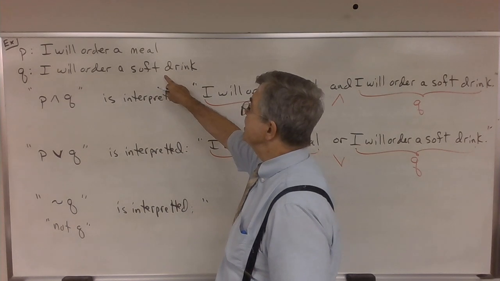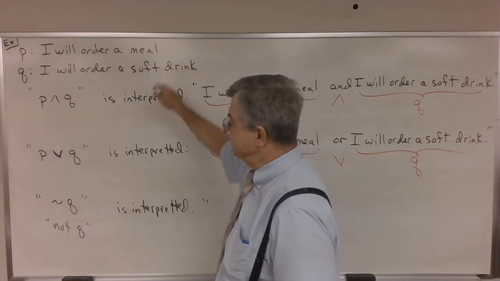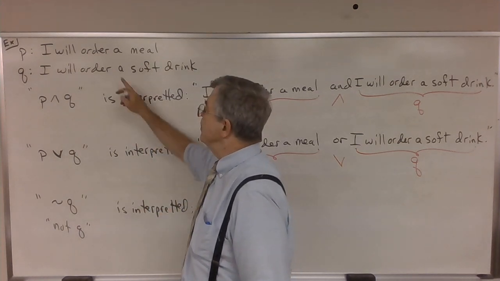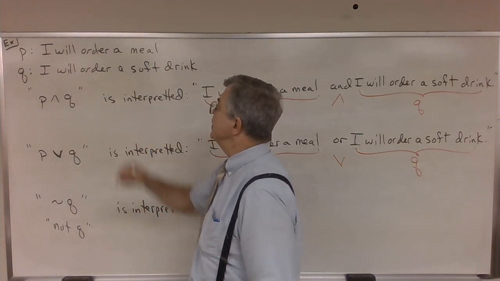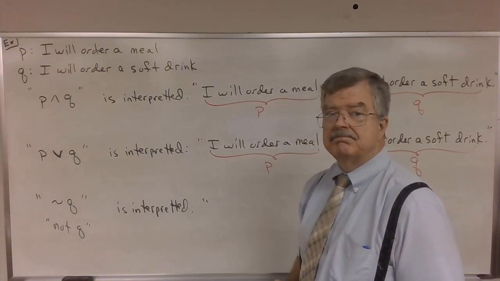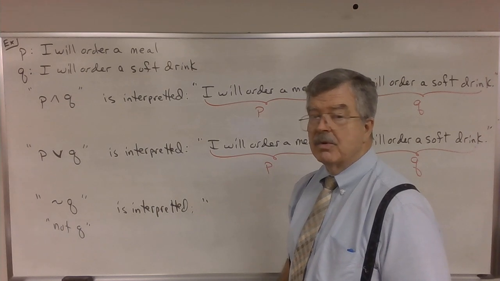Q is the statement, I will order a soft drink. This symbol negates that statement. So what's the negation of I will order a soft drink? Maybe I will not order a soft drink?